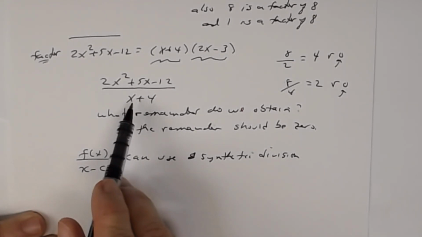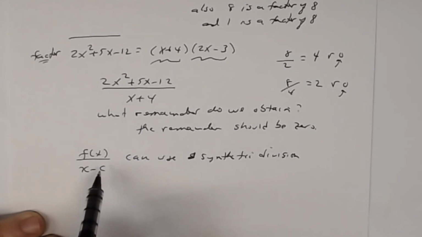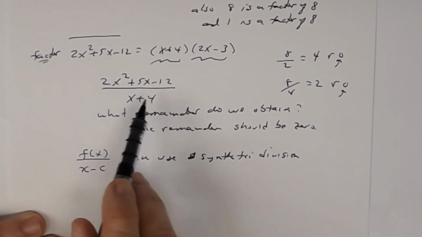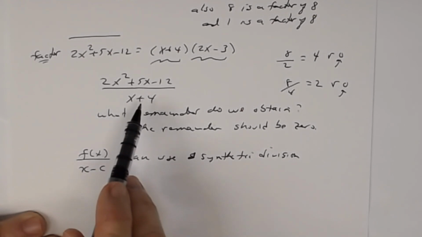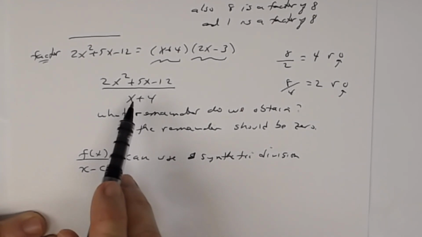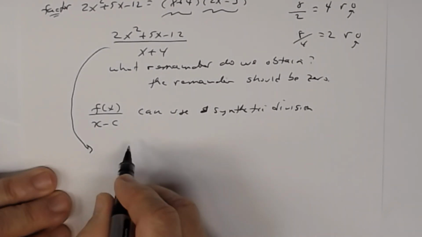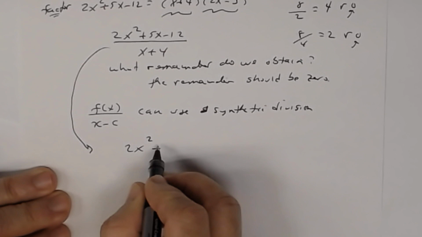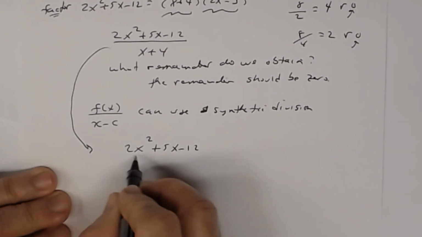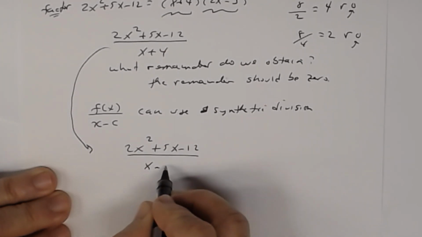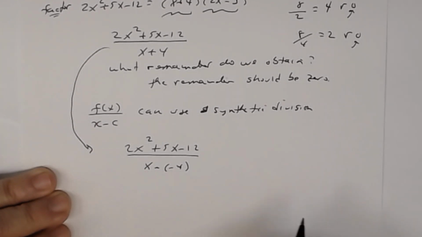You have to be careful, because it has to be x minus c. So when we did our problems with synthetic division, you know that you have to rewrite x plus 4. I'm going to write it like this: 2x squared plus 5x minus 12 divided by x minus a negative 4. So c in this case is negative 4.